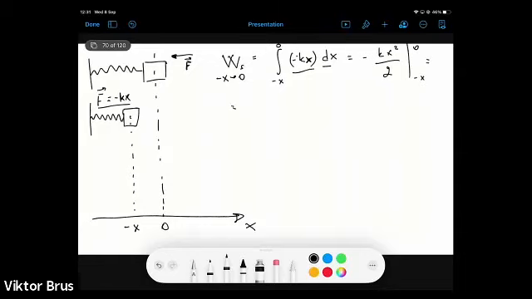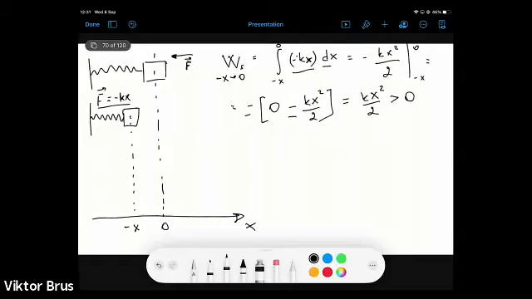Now let's substitute these boundary conditions. We will get minus. Here we put first 0, so it will be 0. And then we have minus kx squared divided by 2. So here what we see, we have minus here and minus here, so they cancel each other, and we have kx squared divided by 2, which is larger than 0.